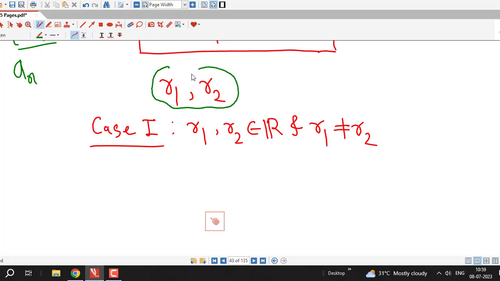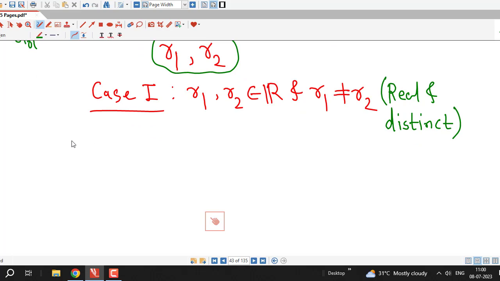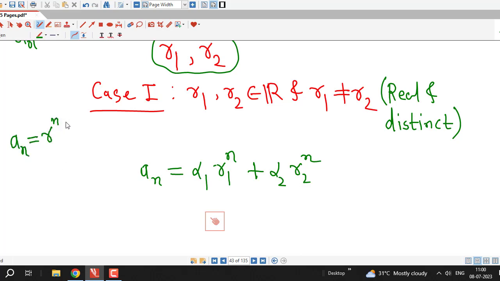If the roots of the characteristic equation are real and distinct, that is r1 and r2 are real numbers and they are different, then the sequence an is a solution if its nth term is given by an equal to some constant, say alpha 1 times r1 raised to n plus alpha 2 times r2 raised to n. We have assumed that our solution is in the form an equal to r raised to n. So here I have two values, r1 and r2, and both are real and different.